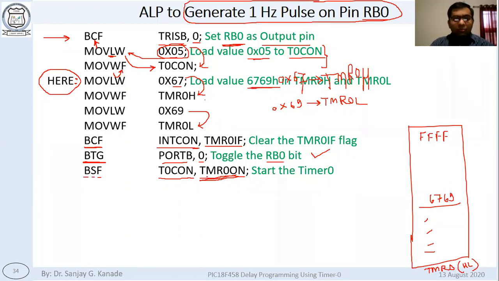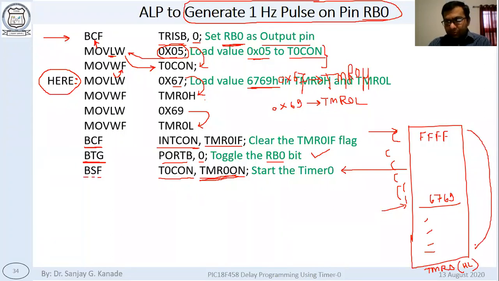So when we start this timer at this particular instruction, it is measuring pulses from here. So it is just going to increment from here. And once it becomes FFFF and another pulse comes in, it will overflow to 0000.